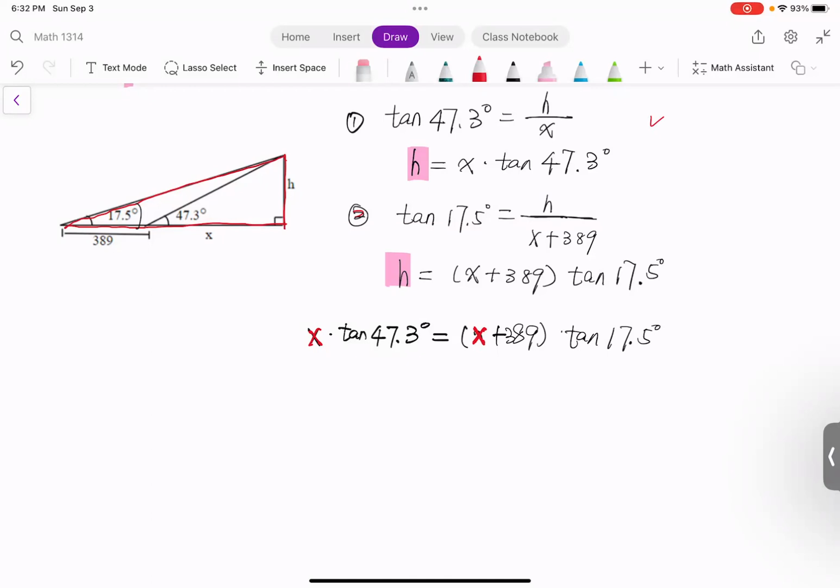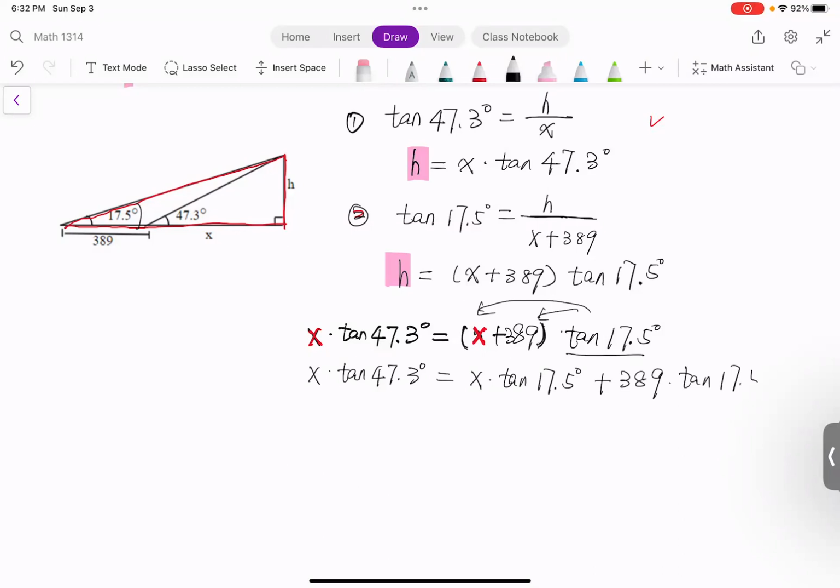We have learned that we need to combine like terms. For combining like terms, I cannot have this parentheses. It stops us from combining like terms. Let's distribute this tangent inside the parentheses. So x times tangent 47.3 degrees equals the distribution: x times tangent 17.5 degrees plus 389 times tangent 17.5 degrees.